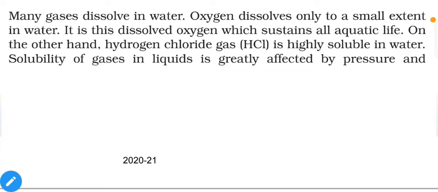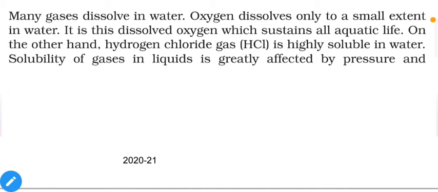Many gases dissolve in water, and usually their solubility is very low, that means poor solubility. Oxygen dissolves only to a small extent in water. It is this dissolved oxygen which sustains all aquatic life. We know that living organisms require oxygen, so sea creatures use the oxygen which is dissolved in water.